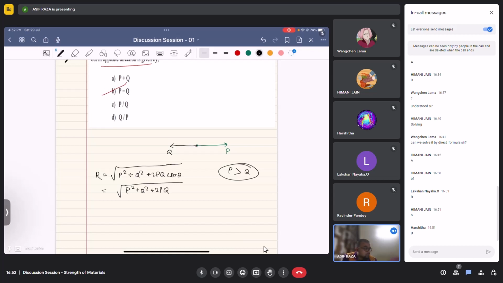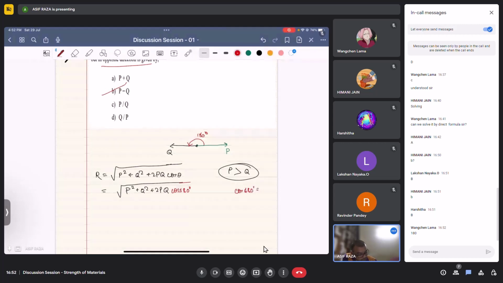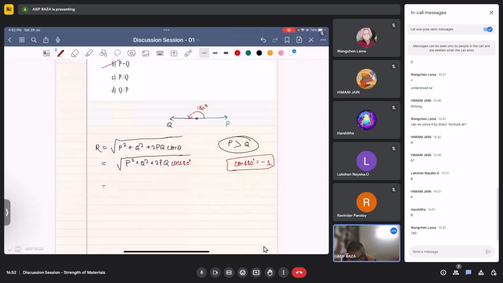What is the angle between them? It's 180 degrees, right? Cos 180 degrees is minus 1. So this would give me P square plus Q square minus 2PQ.